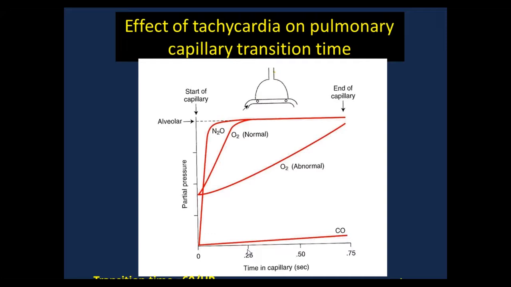For example, with a heart rate of 180, 60 divided by 180 gives 0.3 seconds. So there is not enough time for the capillary blood to get fully saturated with oxygen. So tachycardia might impact hypoxemia, especially significant tachycardia with a heart rate of more than 180 beats per minute.